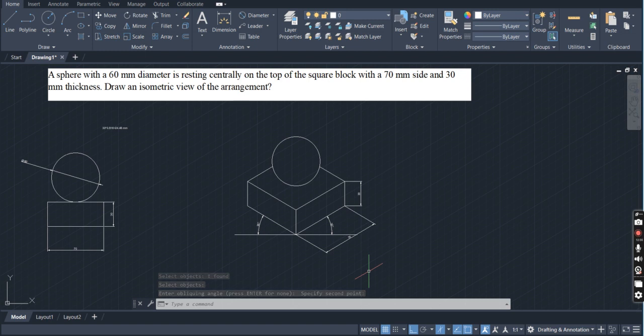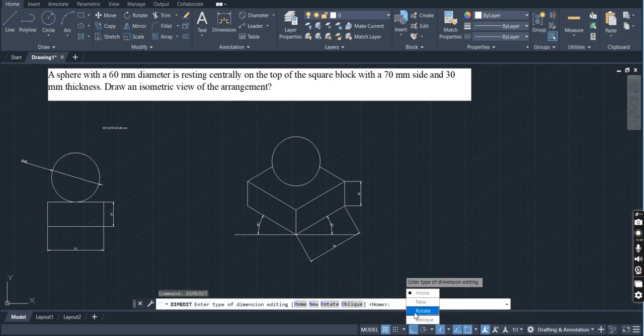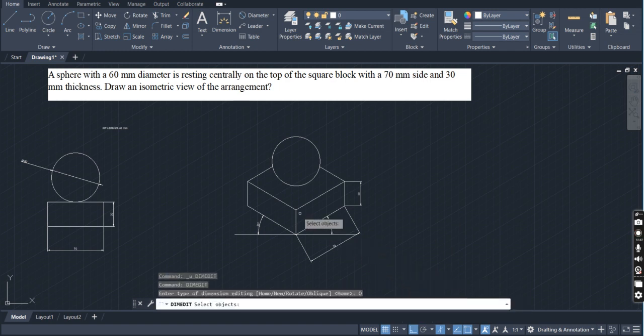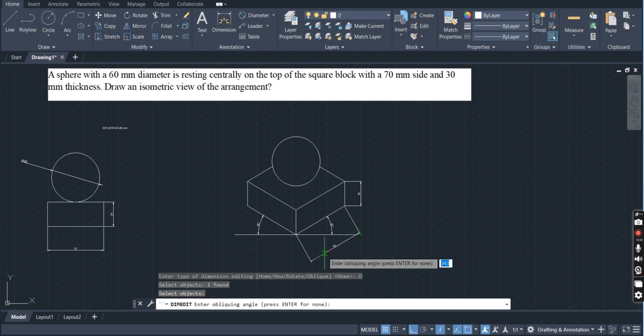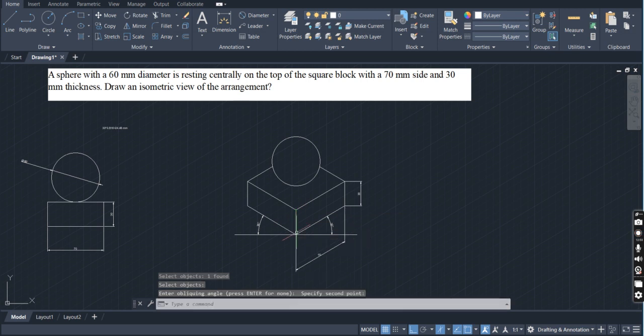Or else you can give it like this also, no problem. DIMEDIT, dimension edit, oblique, select the dimension, enter, and the oblique angle is like this.